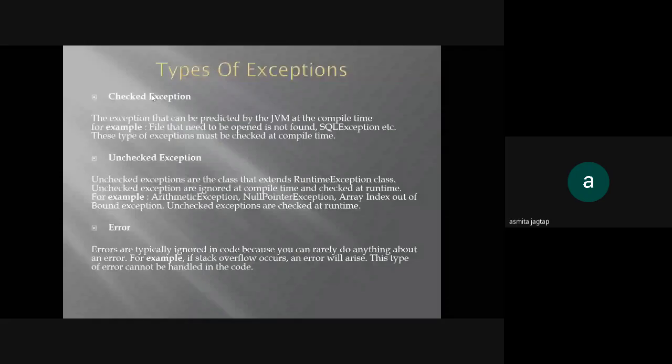Unchecked exceptions, like null pointer exception, occur when you run your program and it fails somewhere; when it throws the exception at runtime, that is called an unchecked exception. Null pointer is one example. Arithmetic exception we already discussed: divide by zero error. Any number divided by zero will throw the arithmetic exception.